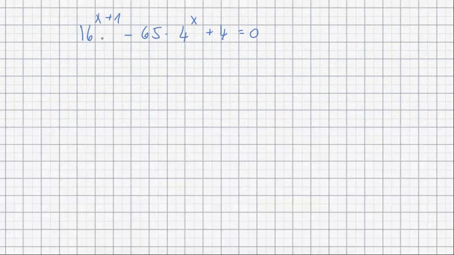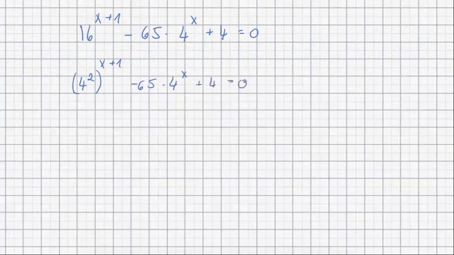What is 16 as 4 to the power of? Of 2. So instead of 16, I'm going to write 4 by the power of 2, and then the rest is the same. Now we have the same base.